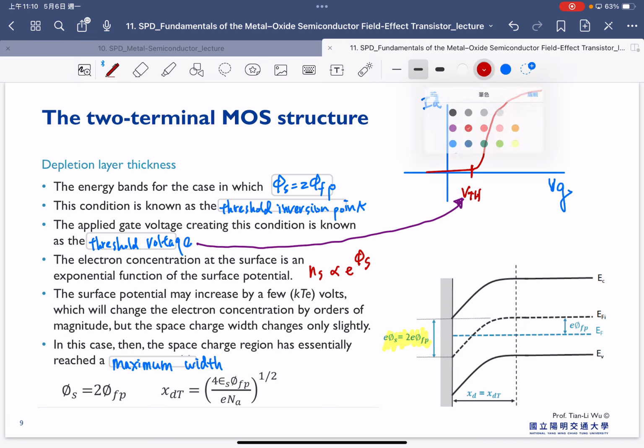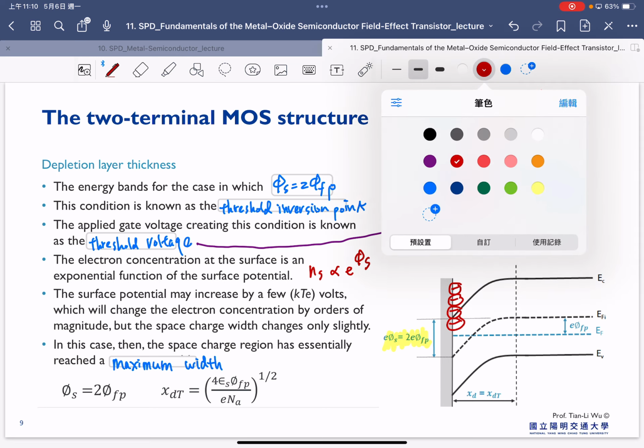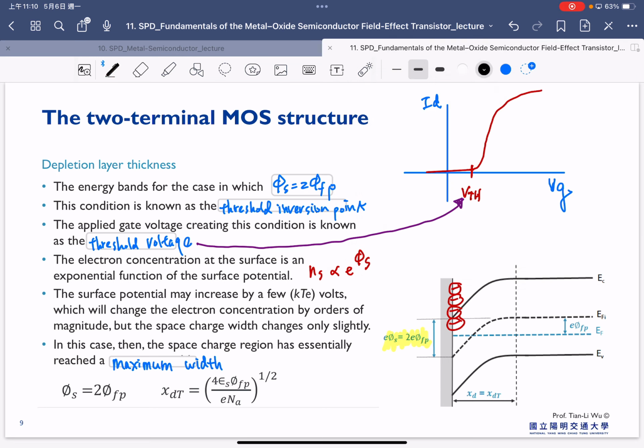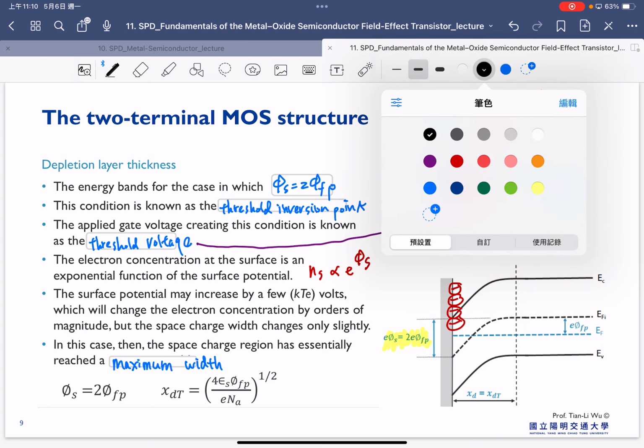So this is a condition where we start to have very strong electron density in the channel, which is the density in the MOSFET.